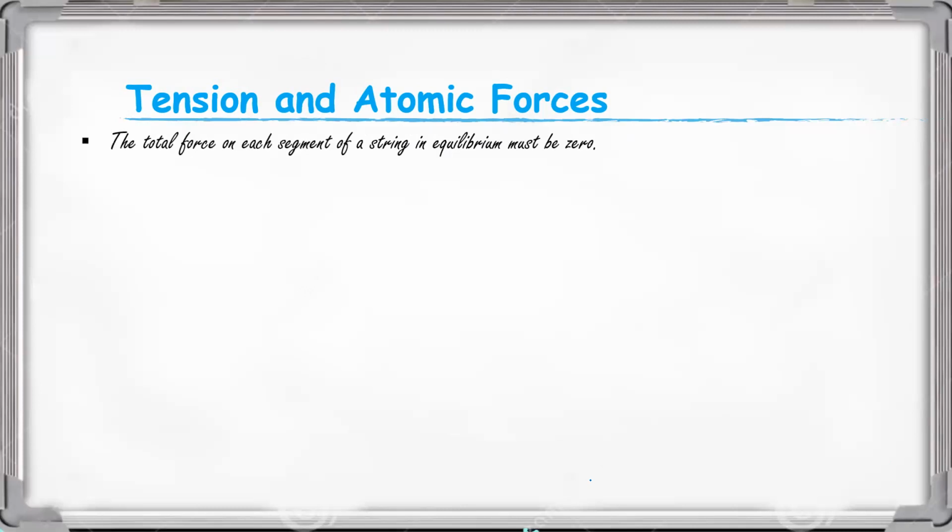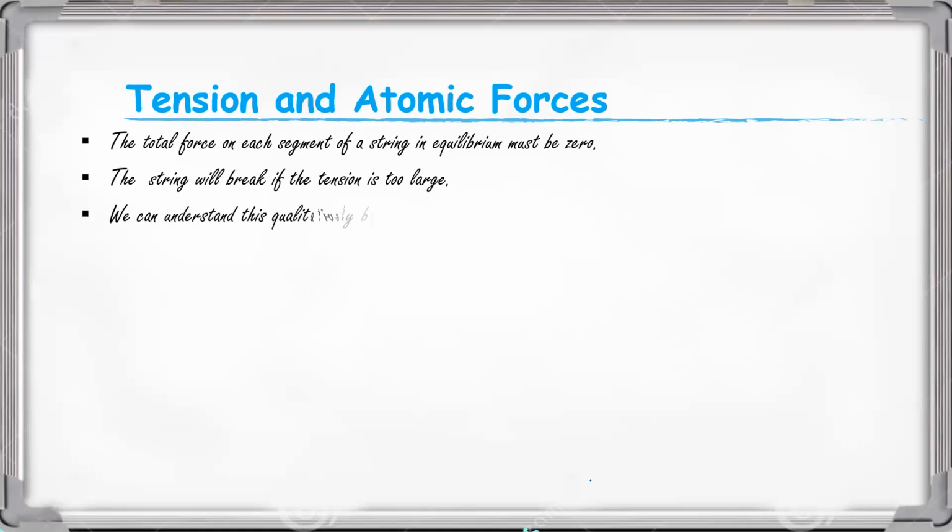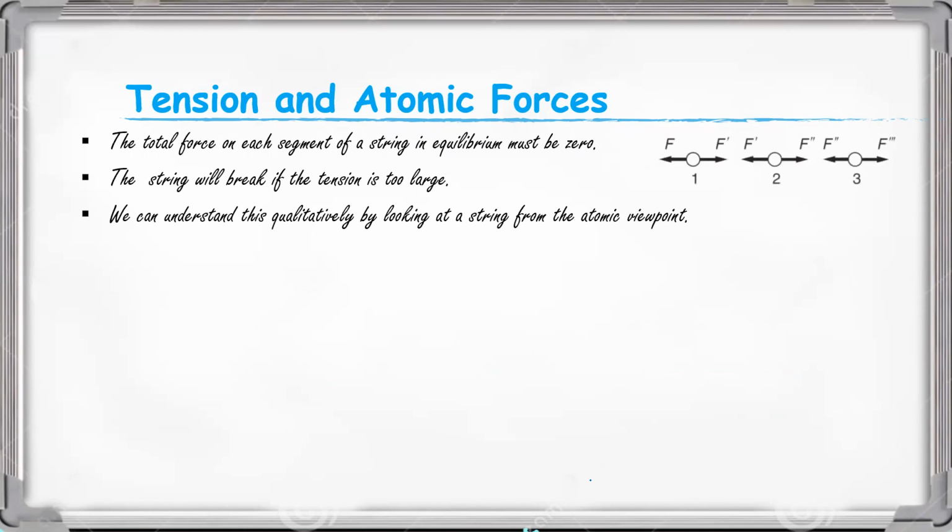The total force on each segment of a string in equilibrium must be 0, and the string will break if the tension is too large. We can understand this qualitatively by looking at a string from the atomic viewpoint.